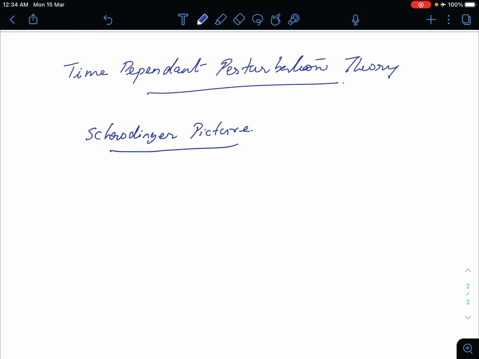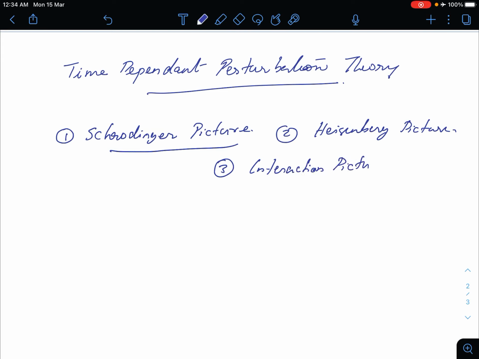The second one is the Heisenberg picture, and the third one is the interaction picture. This may also be called the Dirac picture.